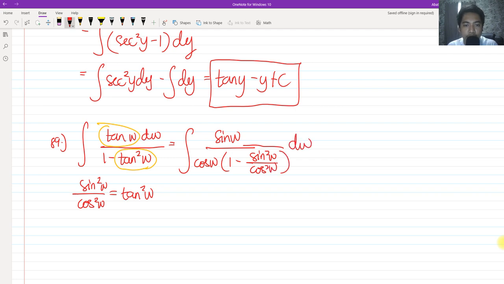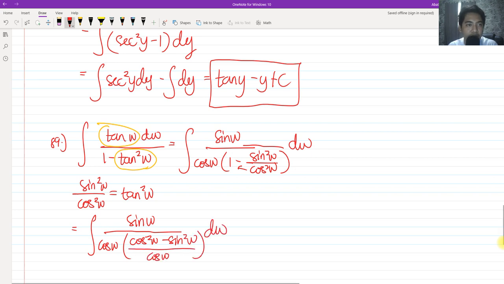So if we simplify the denominator first, I am going to cross multiply this. That would be cosine squared w minus sine squared w all over cosine w, copying the same denominator. Why did we use the identity on this?